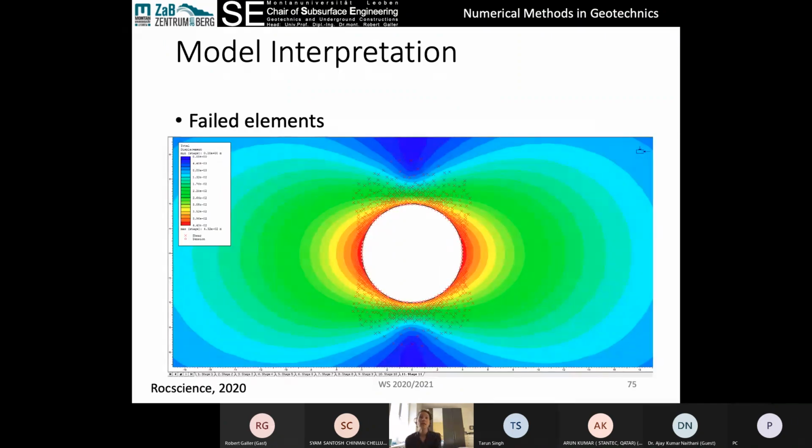Failed elements, when we're looking at a plastic model, where is the failure occurring? So this is kind of similar to the strength factor, but it actually shows us, okay, this element here has failed. It failed in shear, which means that we overcame the Mohr-Coulomb failure criterion, or these little open circles are failure in tension. So this can tell us something about what part of a failure criterion was enacted for this failure.